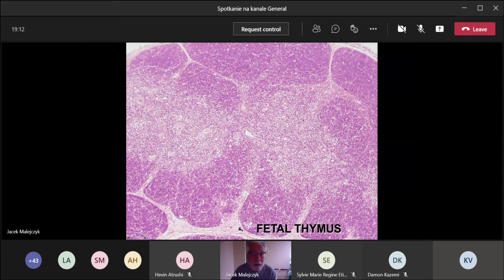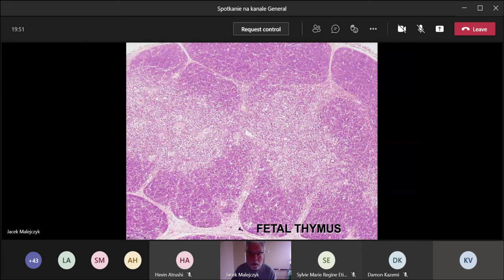Every organ is based on a special kind of scaffold, which is generally composed of connective tissue. This is also true for the thymus, but what is important to stress is that the scaffold in the thymus is also composed of very specific epithelial cells of endodermal origin, which are responsible for the education, let's say, of the T cells.